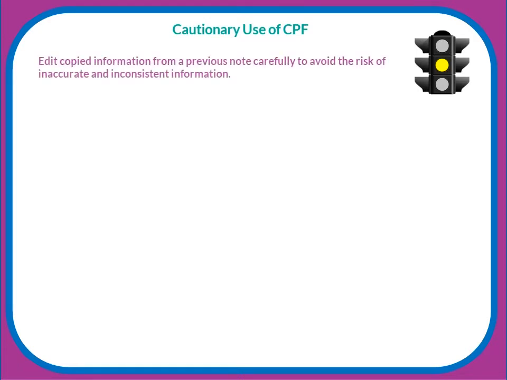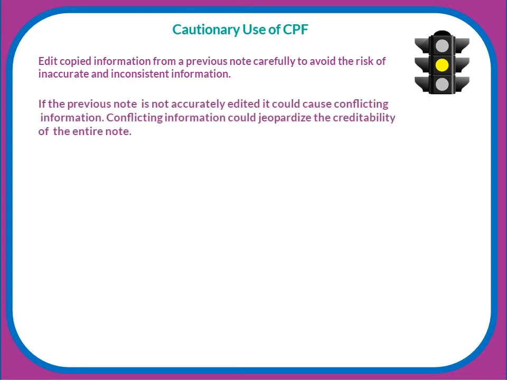Cautionary use of copy and paste functionality. Always remember to edit copied information from a previous note carefully to avoid the risk of inaccurate or inconsistent information. If the previous note is not accurately edited, it could cause conflicting information.